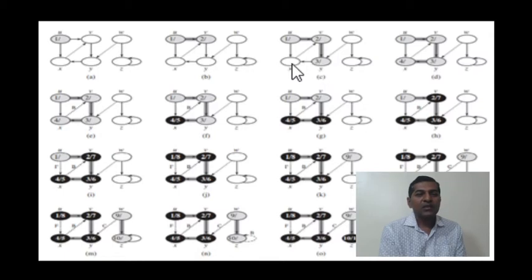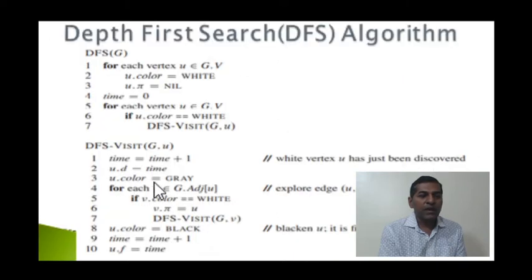That is x, so we assign a timestamp 4 to x, and after that we check any adjacent vertex to x. Yes, we have y here, but y is already shaded gray, so we will not do anything with it. But we observe that all the adjacent vertices of x have been visited. Nobody is white, nobody is undiscovered.